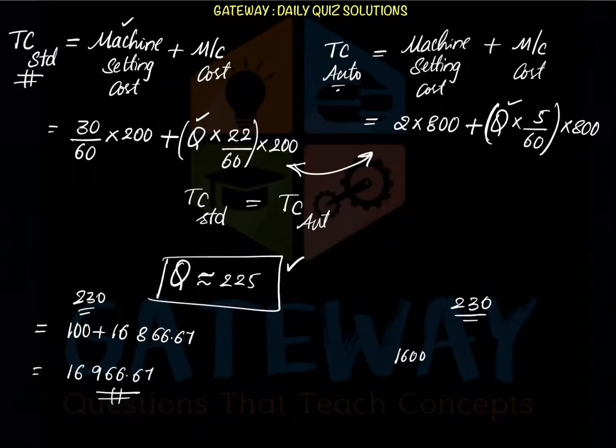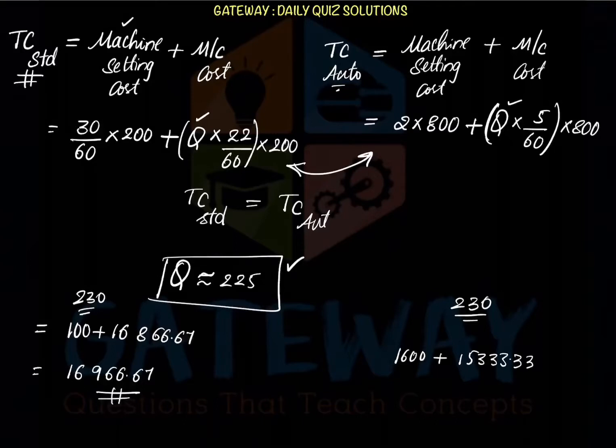Initially the setup cost is 1600, and 230 into 5 minutes per each component divided by 60 into 800 for the total cost, and that comes out to be 15,333.33.